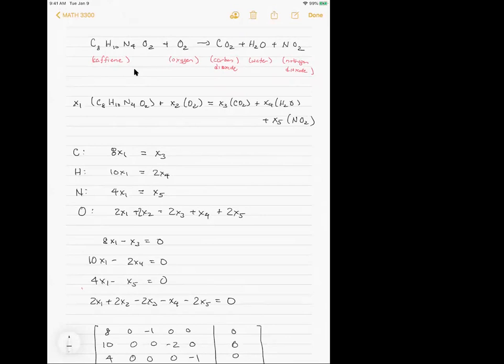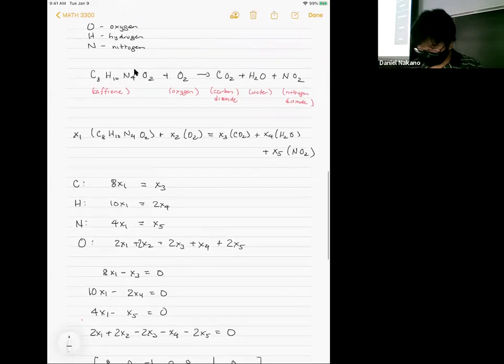So you just moved x1, x2, x3, negative x3, negative x4, negative x5 equals 0. Here are the equations up here with C, H, and O.